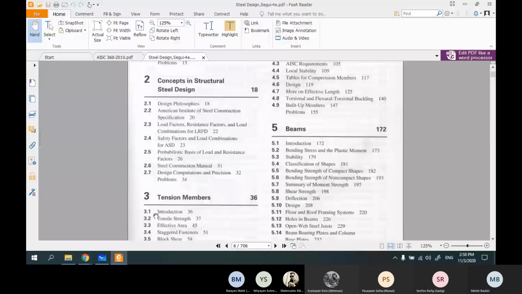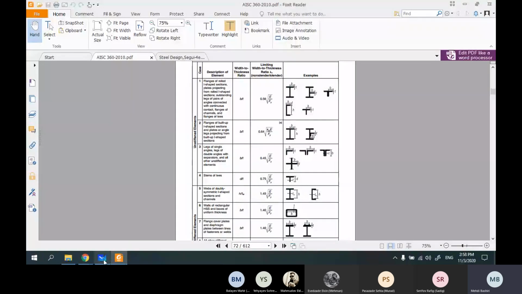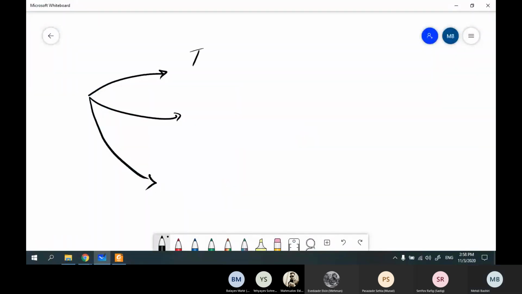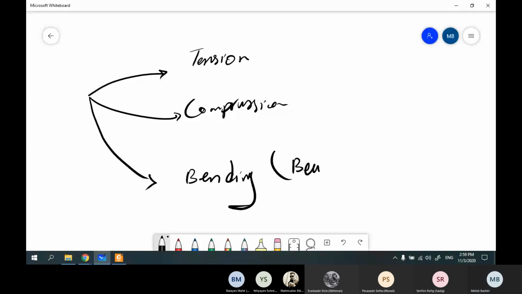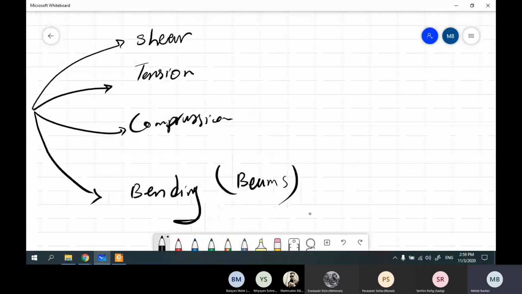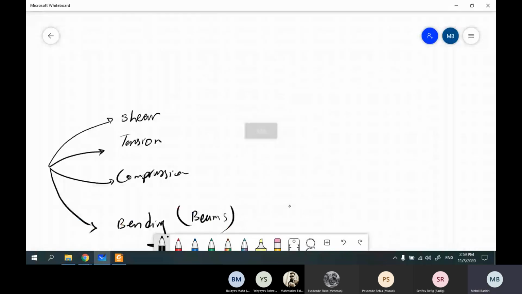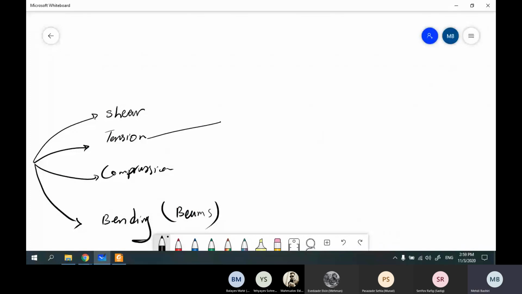As I said, first we need to find our situation. For example, tension or compression or bending, we call it beams. In the other cases, for example, shear. You all know what these load regimes are.